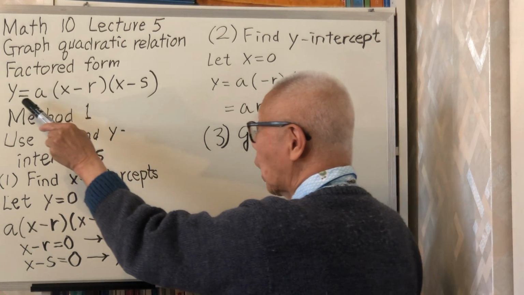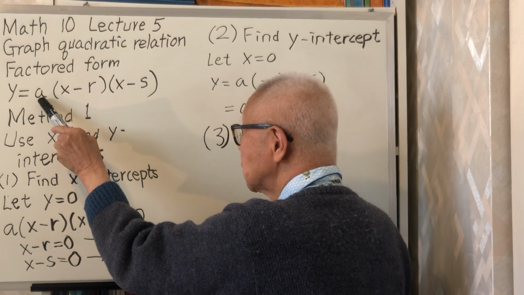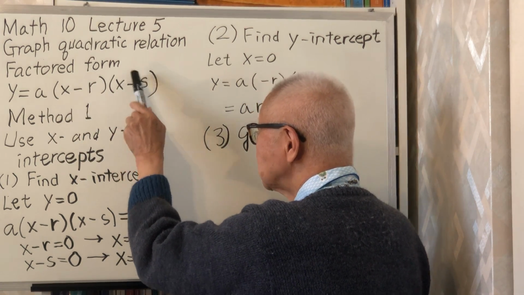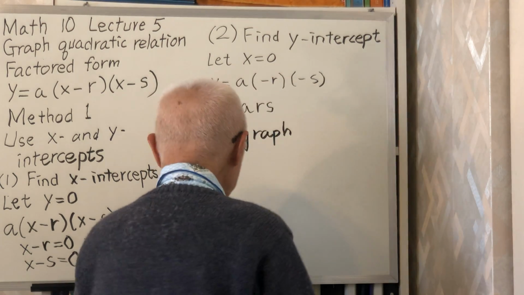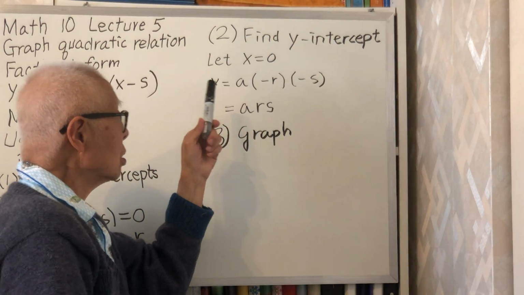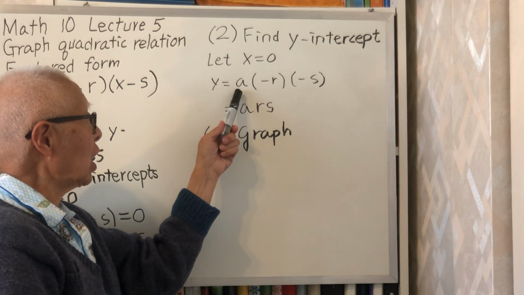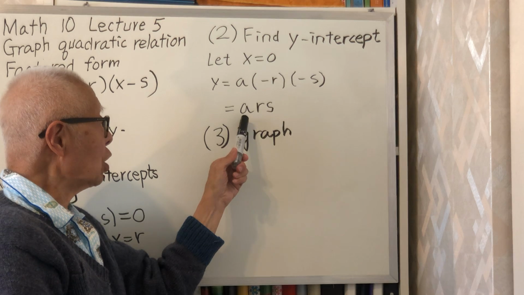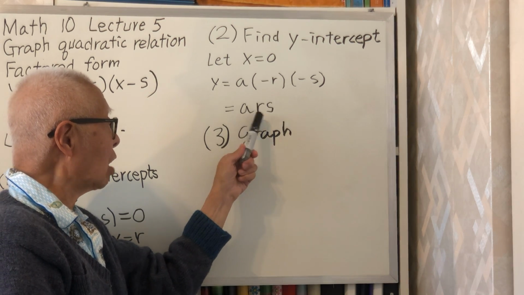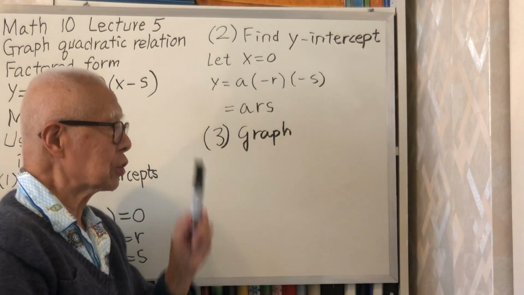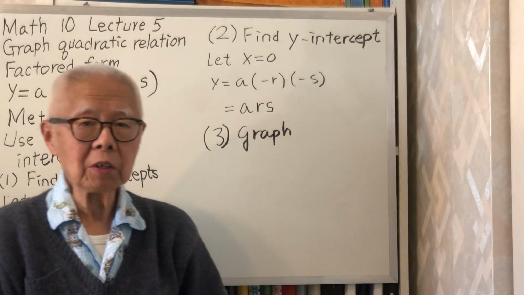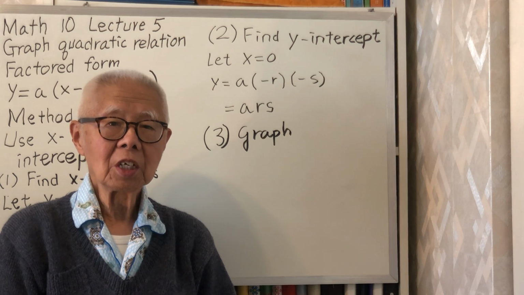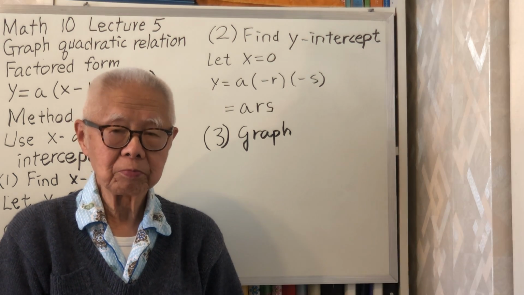Therefore, your y equals a multiplied by negative r multiplied by negative s, so it's equal to a r s. This is the y-intercept. Once you have the x-intercepts and y-intercept, you can graph the relation.